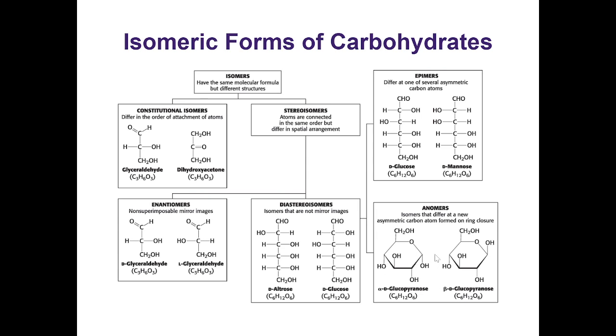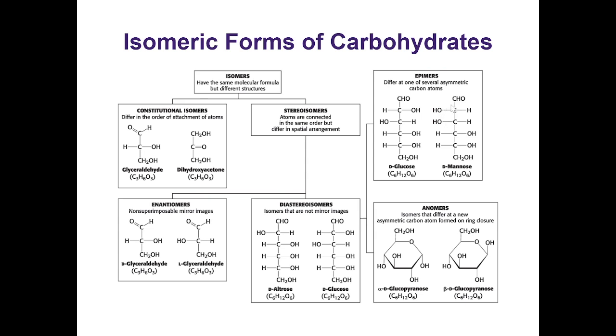Okay, now this is going to be subdivided. There's epimers. This is going to differ at one of several asymmetric carbon atoms. Probably your most common example of this is your sugars. And so here again we see a D-glucose versus D-mannose. We've rotated the same two groups again, but differently this time, right?